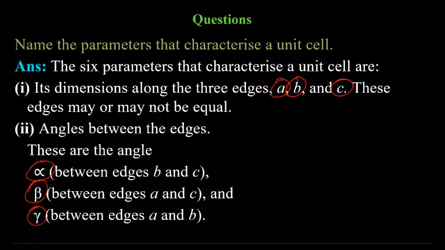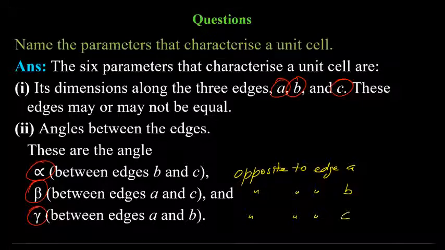Gamma is between A and B edges, opposite edges. Okay, it means alpha is opposite to edge A, beta is opposite to edge B, gamma is opposite to edge C.